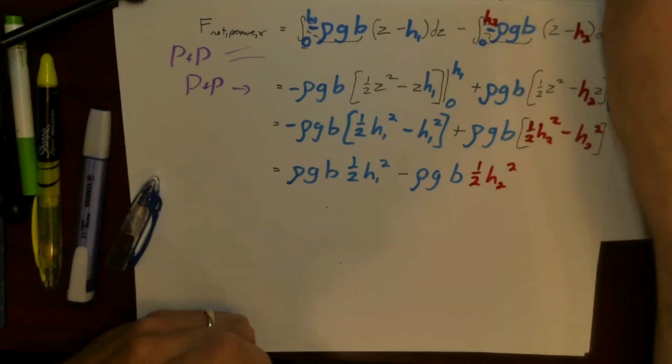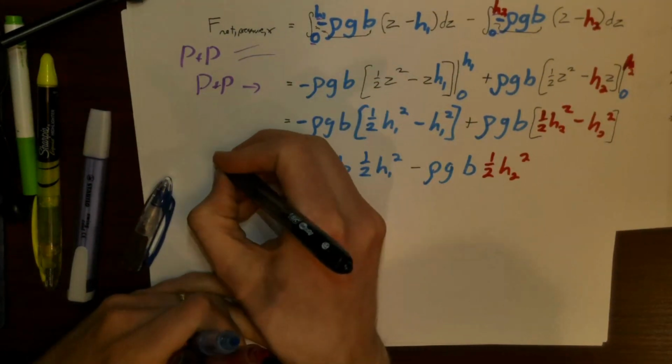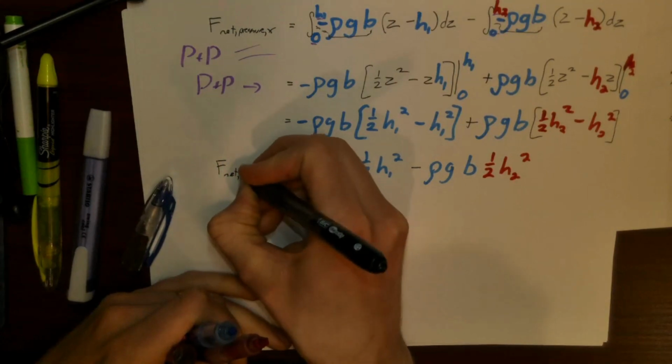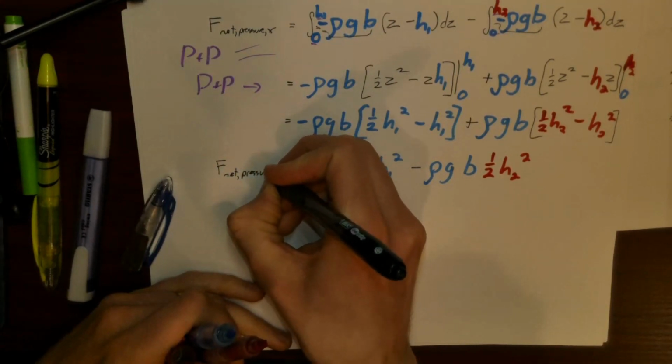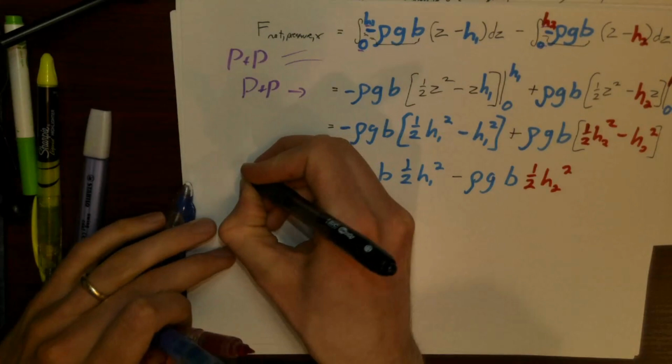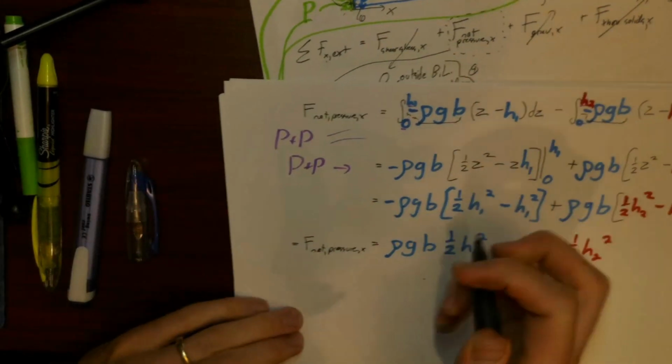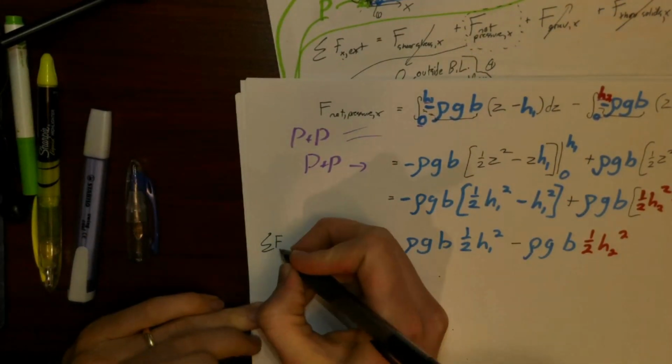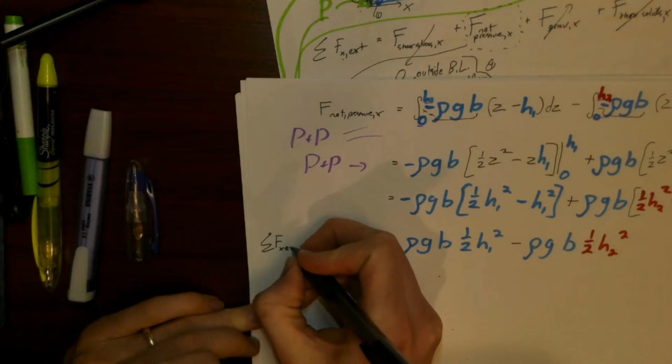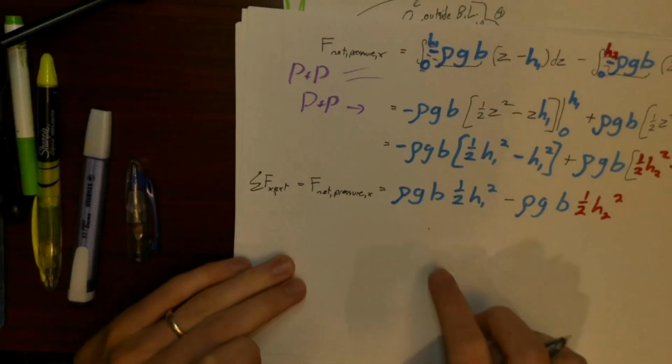So this is our F net pressure force in X, which from our earlier conclusions right here, we basically said is equal to the sum of external X forces.